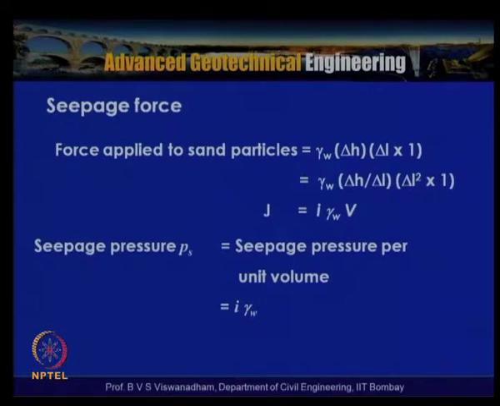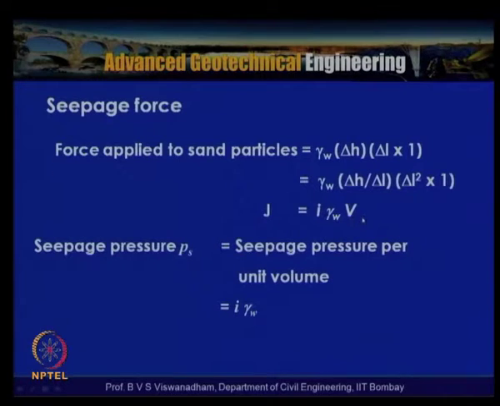Now, writing gamma W into delta H by delta L into delta L square into 1, we can write delta L square into 1 as the volume, and delta H by delta L is the hydraulic gradient. So I can write I gamma W V, which is the seepage force.